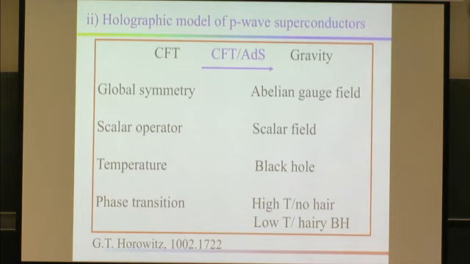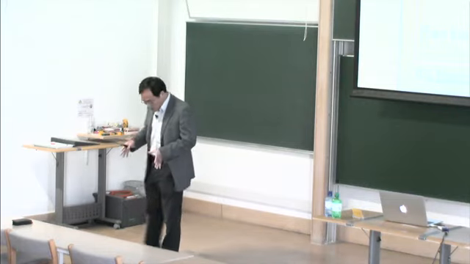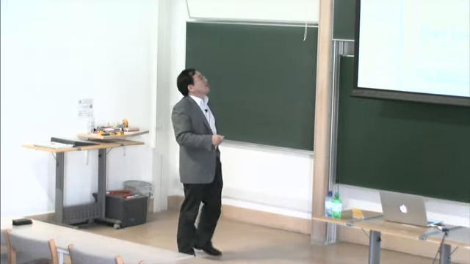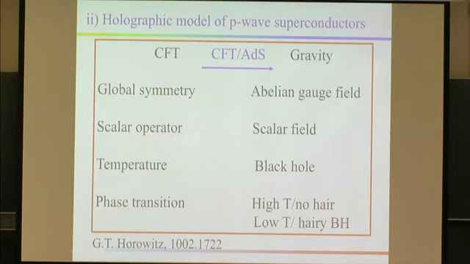When the temperature decreases, the black hole solution with no hair becomes unstable, and a stable solution with hair appears. Such a process, from the black hole without hair to the black hole with hair, could be explained as the phase transition in the conformal field theory side.